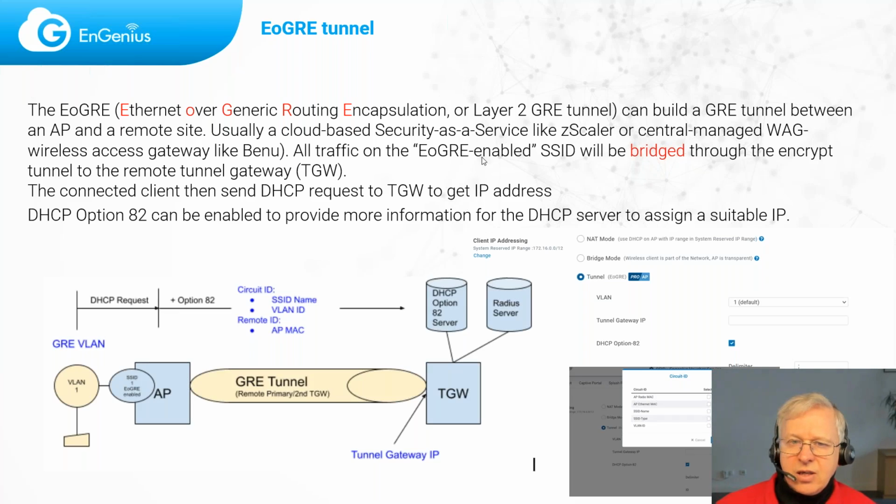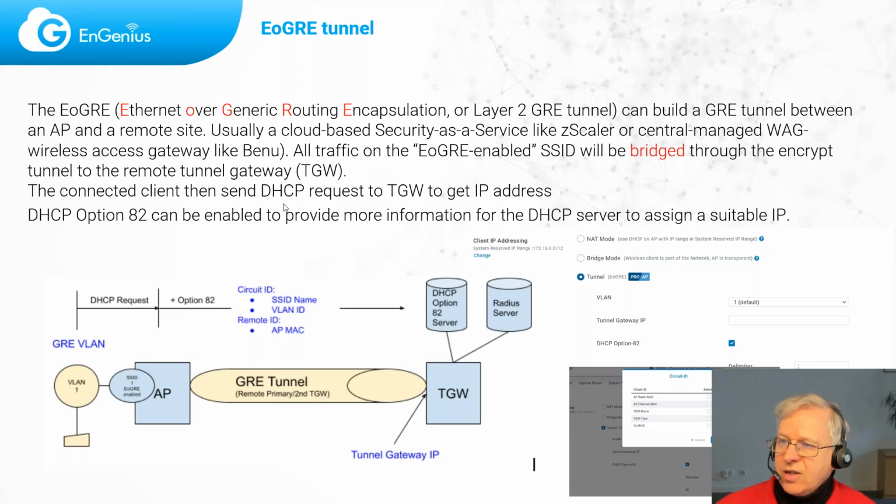All the traffic on the SSID that's configured like this will be bridged through an encrypted tunnel to the TGW or remote tunnel gateway, and that will make the connected client send DHCP requests not to the AP. The AP will just pass it on to the tunnel gateway on the other side to get an IP address.